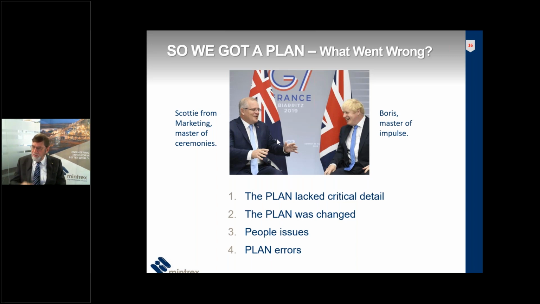You've got one who's a master of announcement and another who's a master of good ideas, or at least he thinks they are, but neither of them has got an implementation bone in their body, and so you would not expect things to go well. And then there's planning errors: insufficient float in the plan, omissions in the plan, optimistic assumptions, which we'll come back to shortly, and then sequencing problems that flow from all of that.